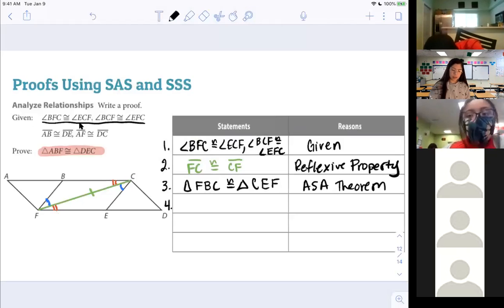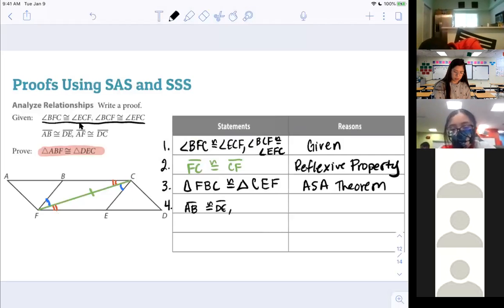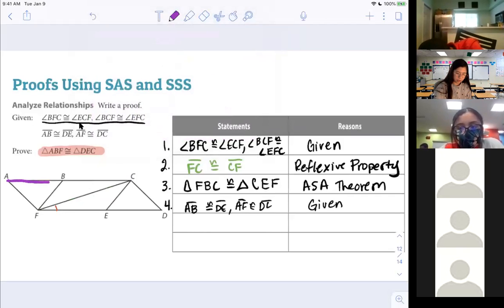Line segment AB is congruent to line segment DE, and line segment AF is congruent to line segment DC. Good. And I haven't used that yet, so now would be a good time to use it. I'm going to highlight it. Yeah, that would be given. So AB, that's over here, is congruent to DE.